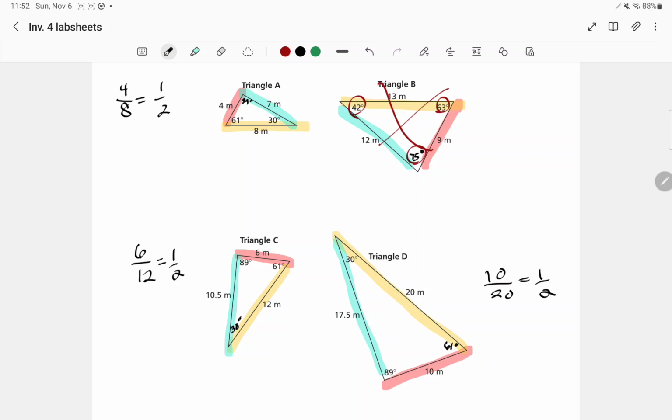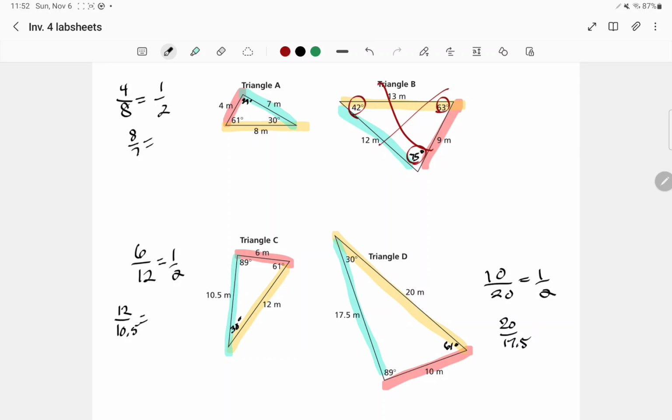Okay, so we know that triangle A, triangle B, triangle D are similar because they have the same angles, and the lengths of the corresponding sides are all similar as well. And you can compare any of them. Let's go largest to middle: 8 to 7, 12 to 10.5, and 20 to 17.5.